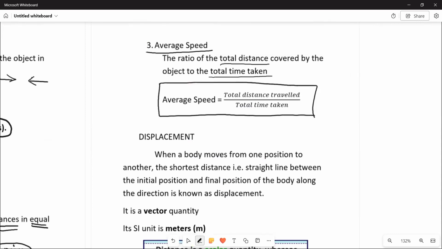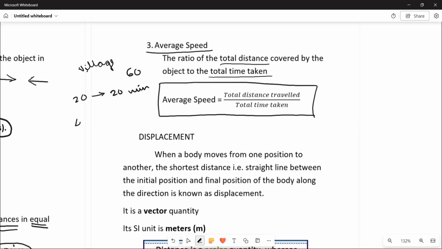Say you are going from your house to your village, which is 60 kilometers away. What you do is, in your first 20 kilometers, you travel very fast and you cover this 20 kilometers in 20 minutes.